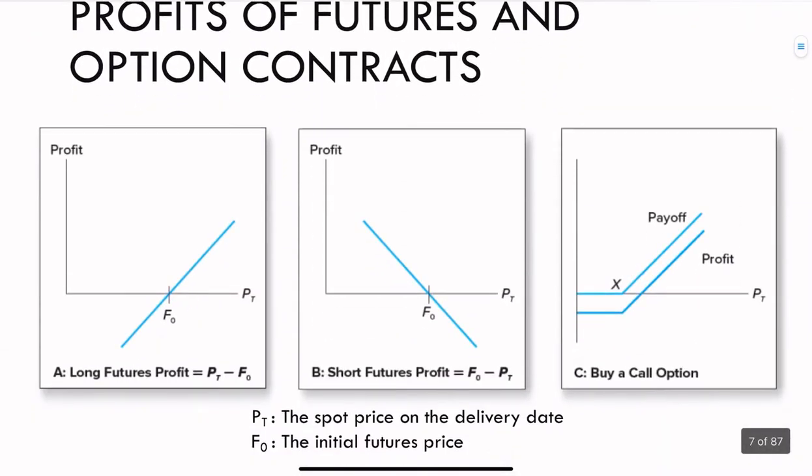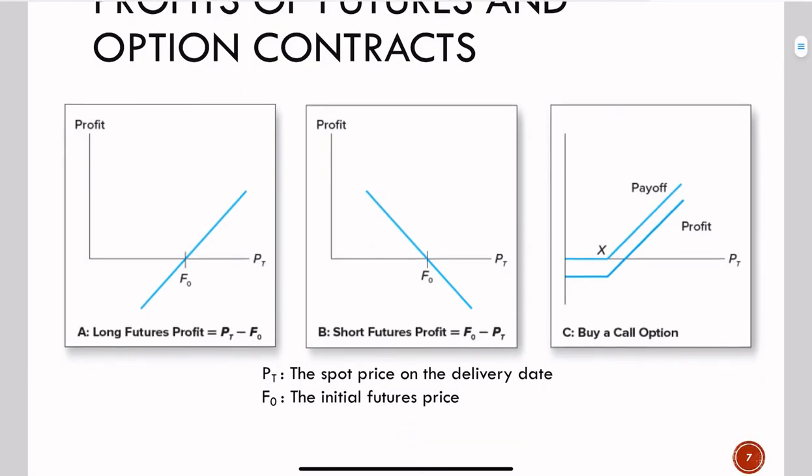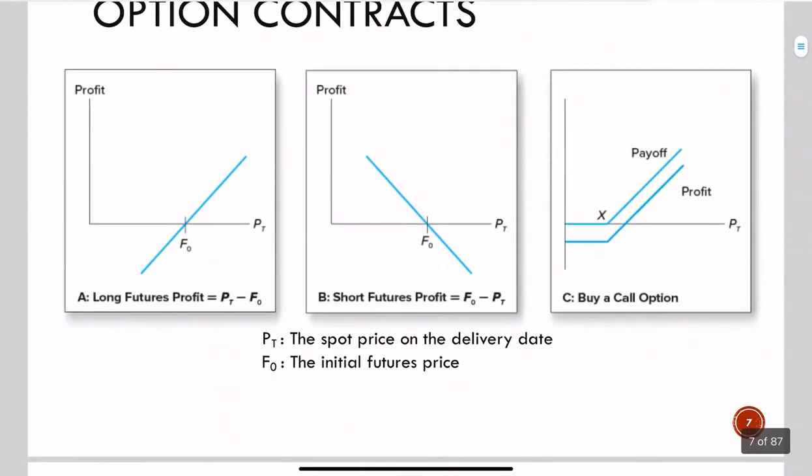Okay, let's look at the graph of the profits for a futures contract, and we can compare them with the profits from an options contract. In terms of formula, if you're taking a long position, the futures profit equals PT minus F0. What is PT? P refers to price. Here, PT is the spot price on the delivery date.